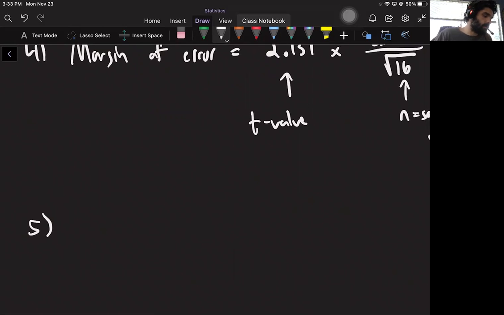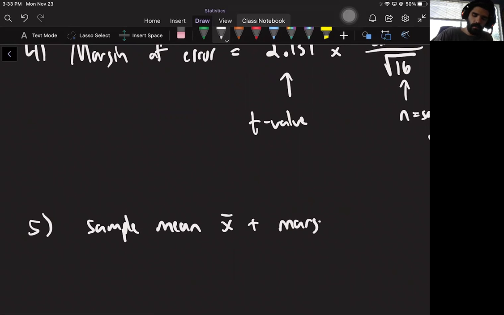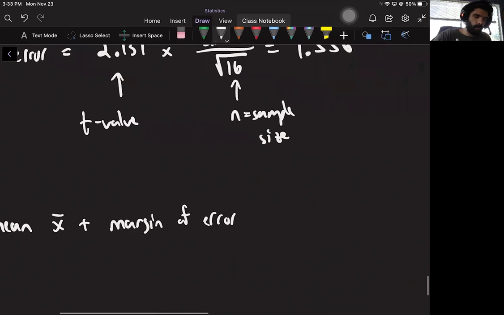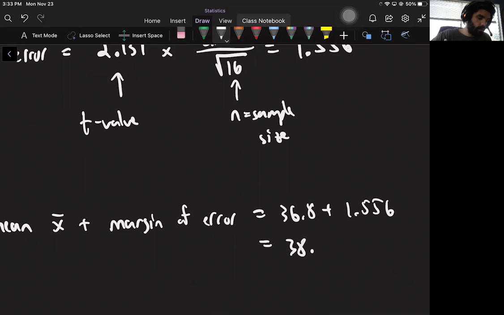So the last step is just to take your sample mean and add the margin of error to get the right side of the confidence interval. So that was 36.8 plus this number I just got. That'll get you to 38.356.